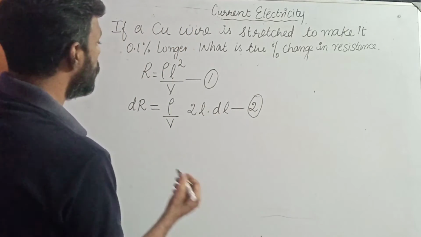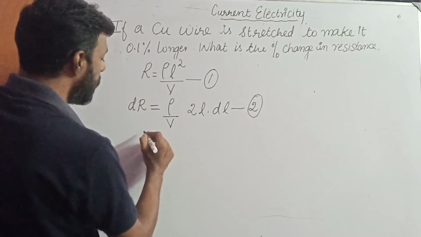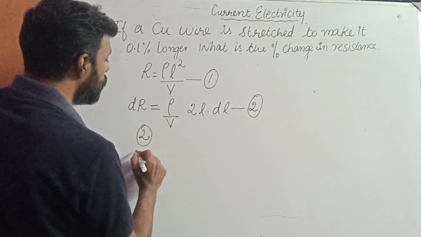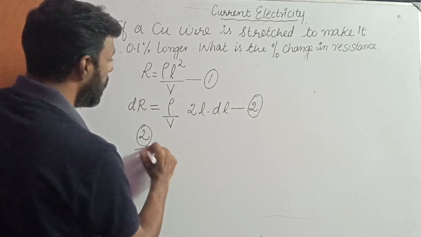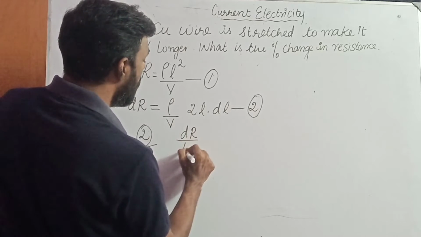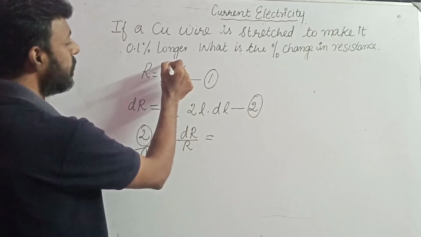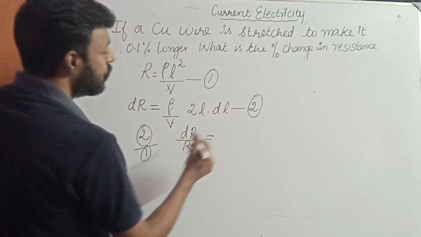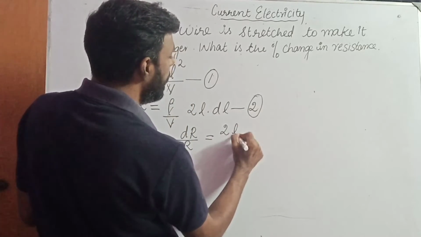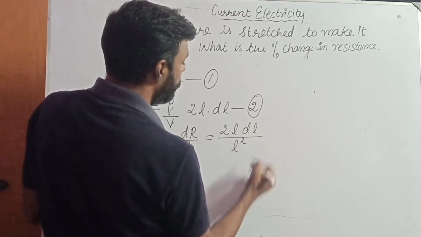Now I'm going to divide equation 2 by equation 1. I'll be getting dR divided by R equal to, rho by V gets cancelled, 2L into dL divided by L squared.